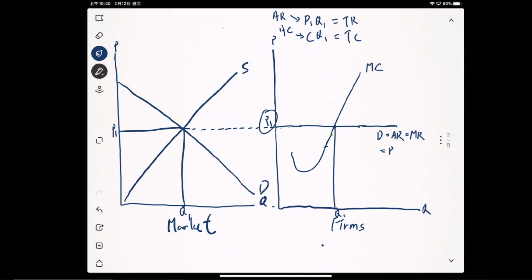P1 is your average revenue when you are profit maximizing. But when you are trying to make a normal profit, you want to make the average revenue equal to the average cost at that output, Q1.